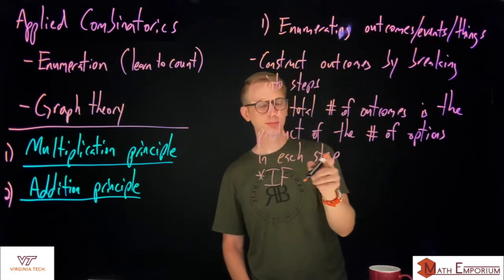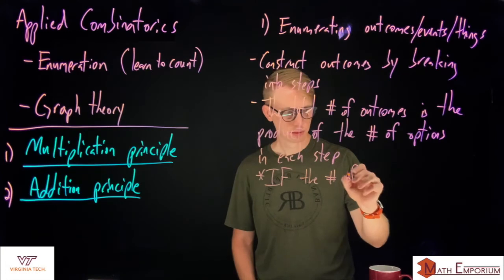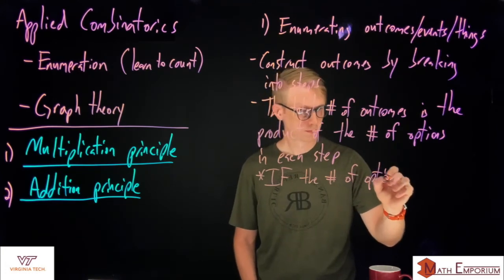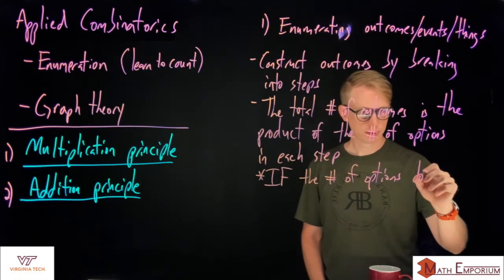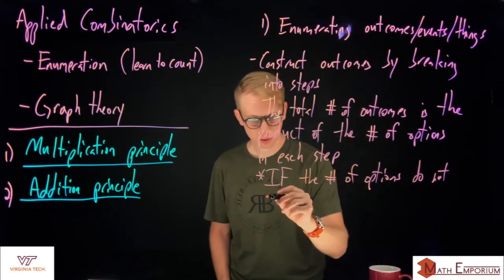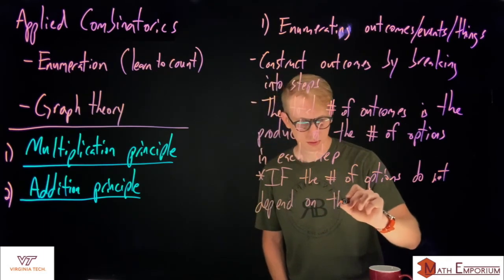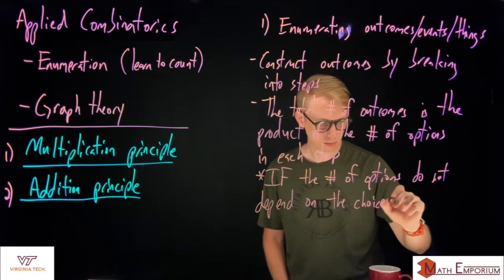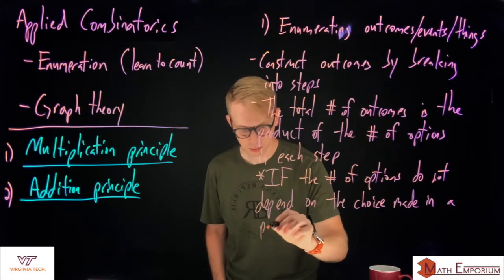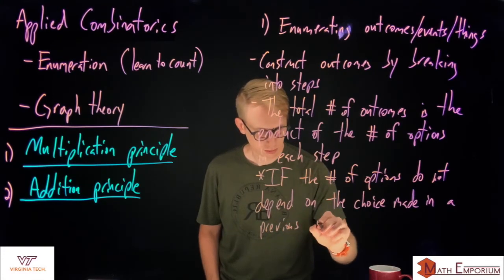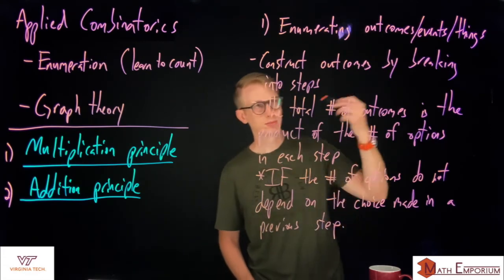So it's the product of the number of options in each step if the number of options, again in each step, do not depend on the choice made in a previous step. Okay, we'll do some examples and this will get more and more clarity.